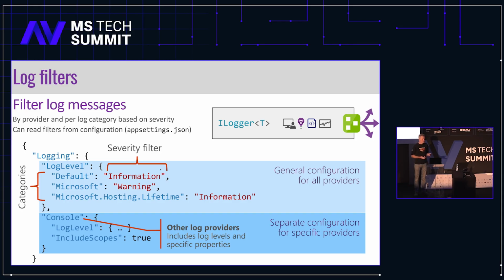And then the console one at the bottom, that's one that's specific to console. It might also be other log providers like Serilog or whatever you have. And then you can specify that one and overrule things that have been set at the global level. So this name is specific, but whatever is under there, it mimics the thing from log level.